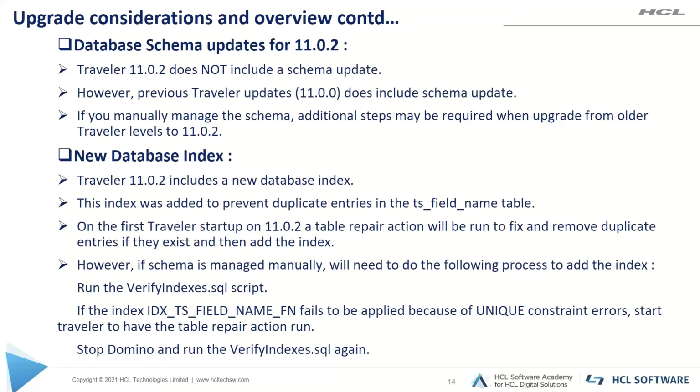In case you are manually managing the schema, then in order to add this index, first you need to run the verify indexes.sql script. Then you can start the Traveler server so that the table repair action will run, remove the duplicate entries, and add the database index.